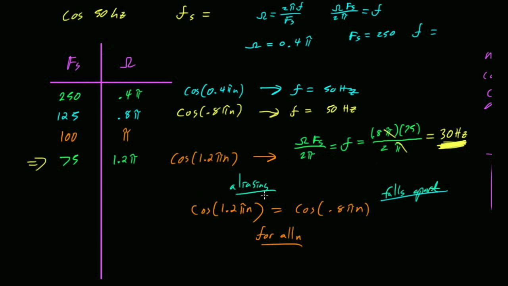If I showed you a discrete time signal with this discrete time frequency and told you that it was sampled at 75 hertz, the only logical conclusion you can draw is that I had sampled a 30 hertz signal. And that's the problem. I started with a 50 hertz signal, I showed you the sampled version of it, and you said, clearly this was derived from a 30 hertz signal, which is incorrect. That means that you did not sample at a high enough frequency.